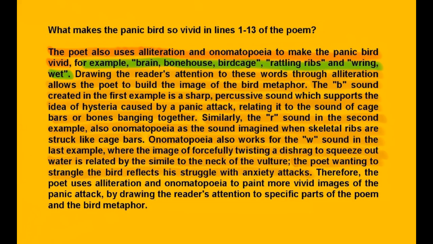Okay, so there, we've explained and elaborated upon our examples, and then the final part is, therefore, to do the link, the poet uses alliteration and onomatopoeia to paint more vivid images of the panic attack by drawing the reader's attention to specific parts of the poem and the bird metaphor that he's created.